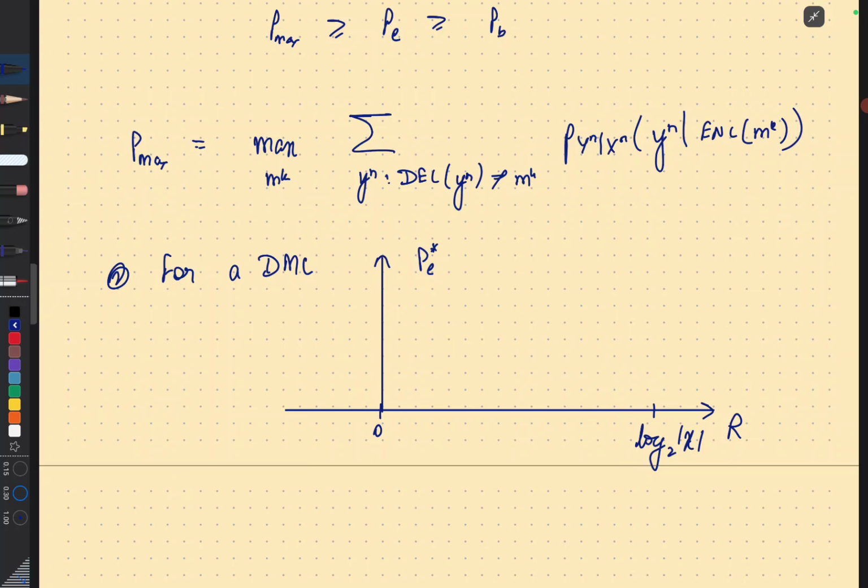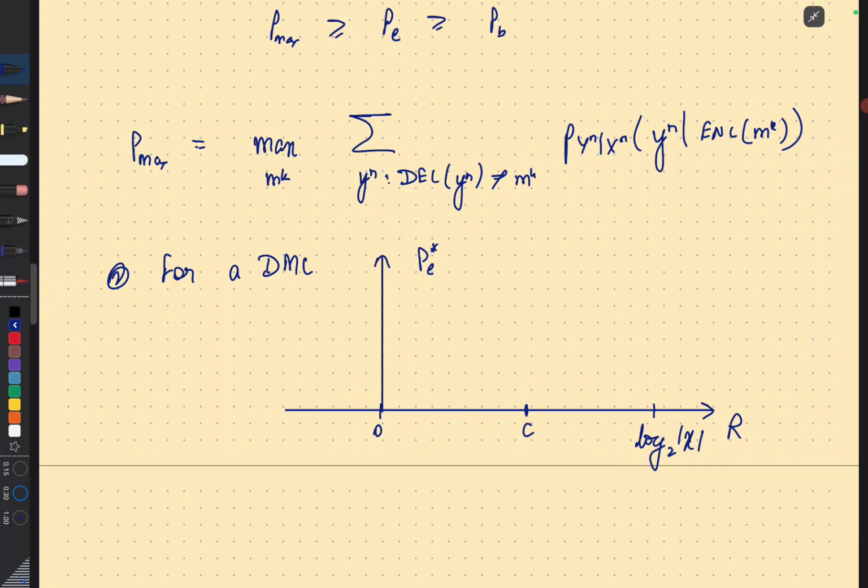So for every rate R, I choose that code which achieves the minimum possible probability of error, and I look at this quantity as n tends to infinity. Okay. And here I have the capacity, that's sort of a threshold.